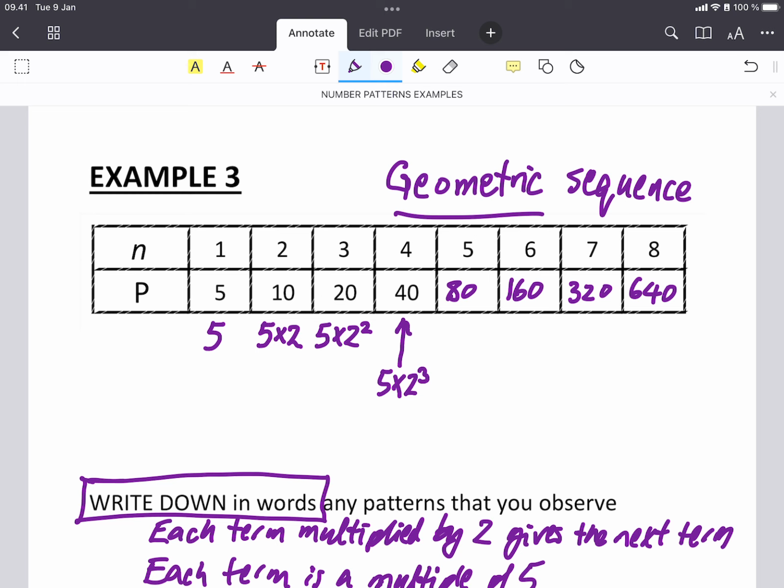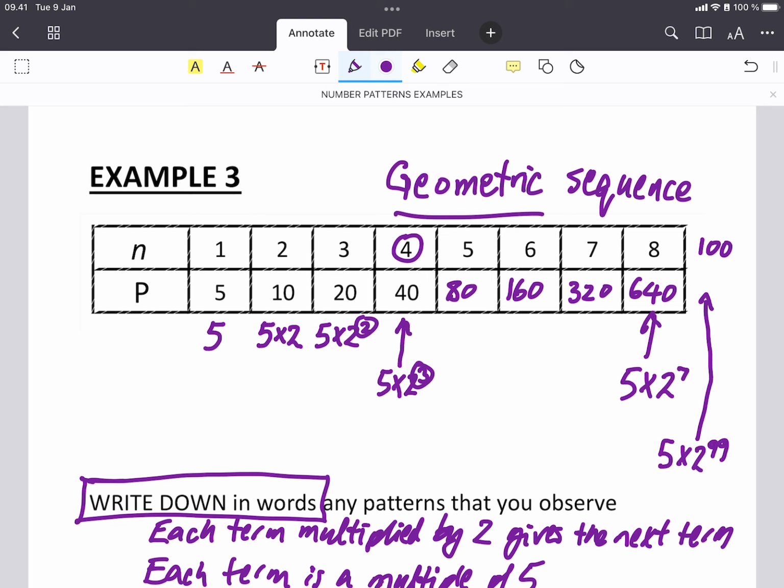And you start to see a link that they're all 5 times 2 to the power of something, and these numbers are going up by 1, but they're 1 less than the n number. So you would expect the 8th one to be 5 times 2 to the power of 7. And if you had to predict the 100th one, it would be 5 times 2 to the power of 99.